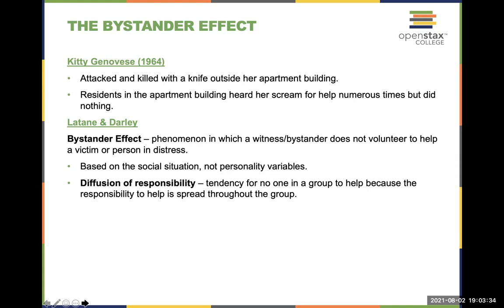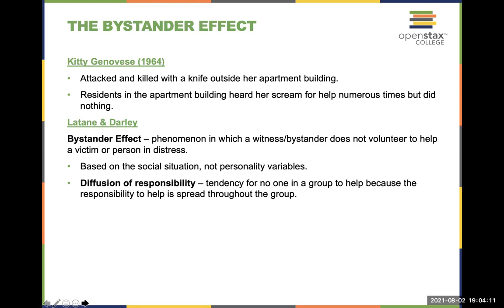Because there's always that thought in their mind that someone else is going to take care of this. Or, look at all these people, somebody else has already called the police, or whatever the case may be. It's the belief that someone else is going to do it, right? And there's the idea of diffusion of responsibility, which is basically what I'm describing, right? When no one in the group actually goes to help because responsibility is spread throughout the group.